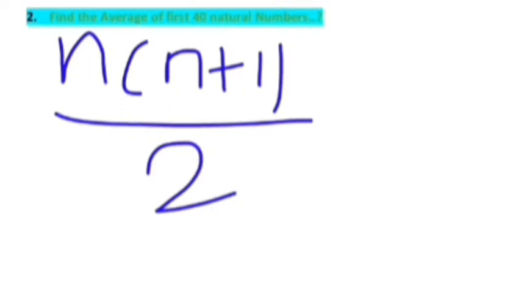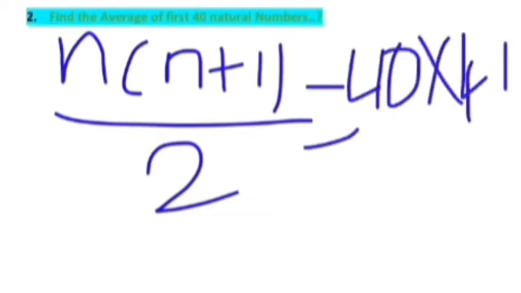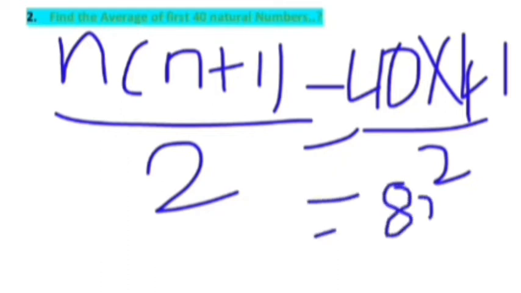If you take n here, n is going to be 40. So 40 into 41 by 2. 40 into 41: 40 squared is 1600, and for 41 we have to add an extra 40, so 1640. 1640 by 2 means 820. For the required average, we have 40 natural numbers, so we have to divide 820 by 40, because we have 40 natural numbers here.